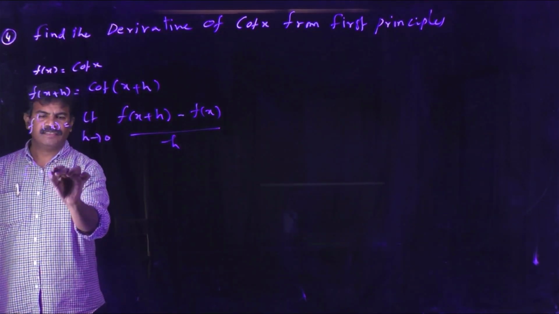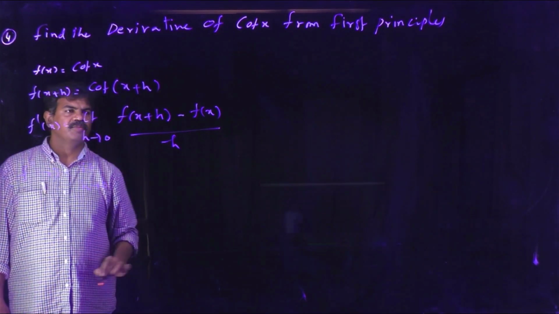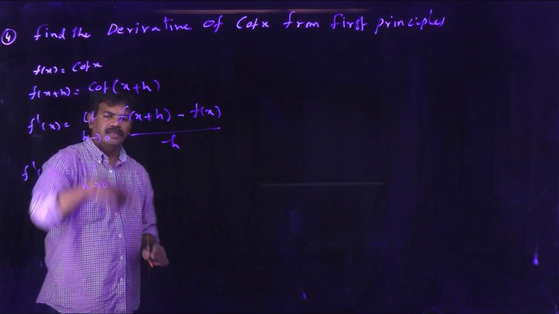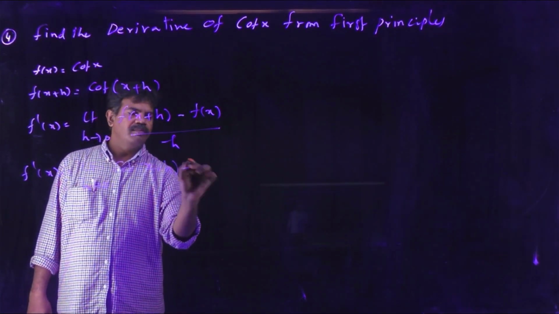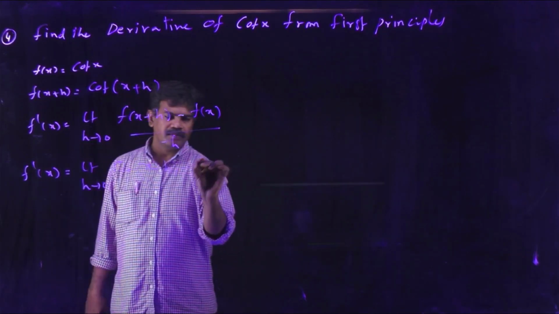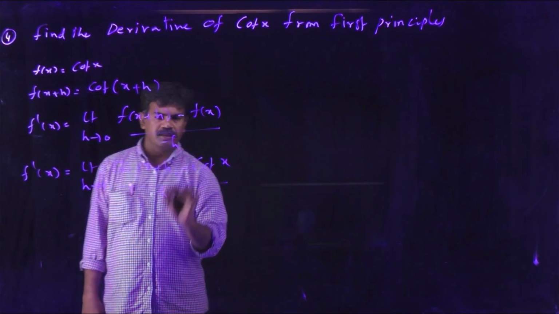F dash x is equal to limit h tends to 0 f of x plus h means cot of x plus h minus f of x is equal to cot x by h.